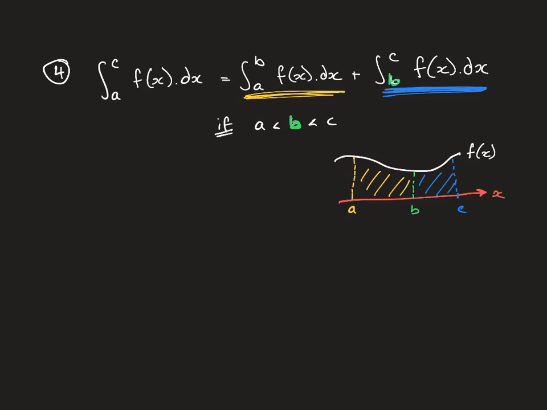So that's our b there and our b there. As long as you're splitting it so that the split is an x value that fits in between those two endpoints.